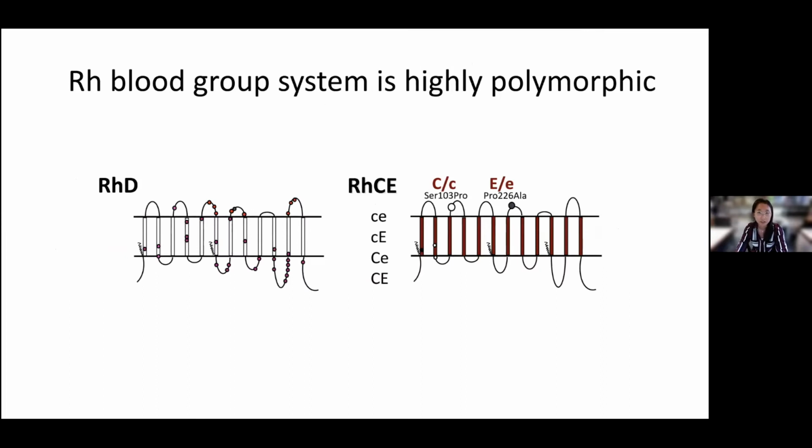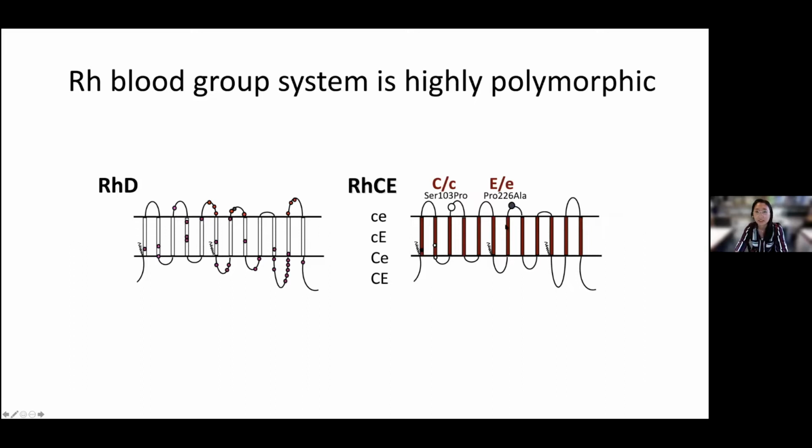So the Rh system is not only the second most immunogenic after ABO, it's also highly polymorphic. It's only comprised of 2 genes, RHD and RHCE, and because they're a duplicated gene family, they're 97% identical in sequence. So the 5 conventional Rh epitopes are RHD, which is encoded by the RHD gene, and big C, little c, big E, and little e.